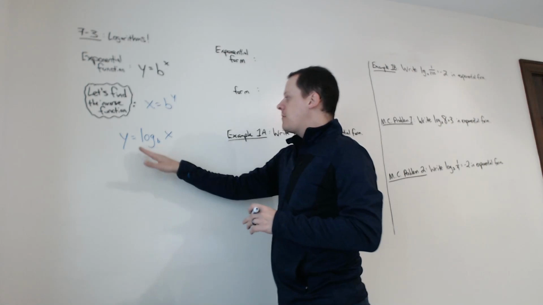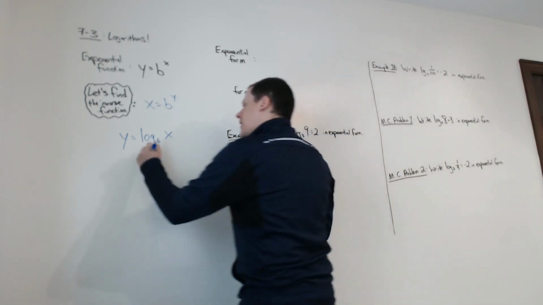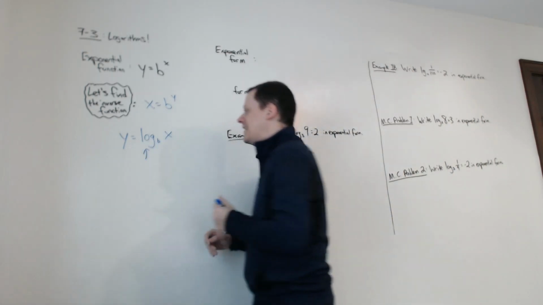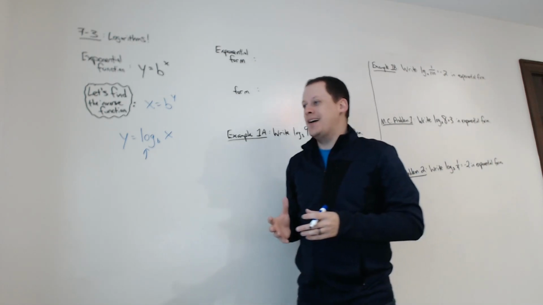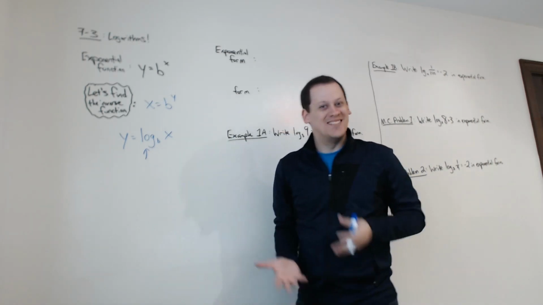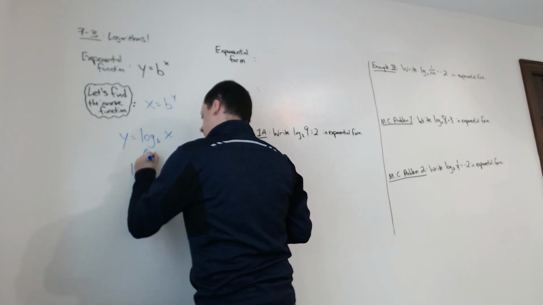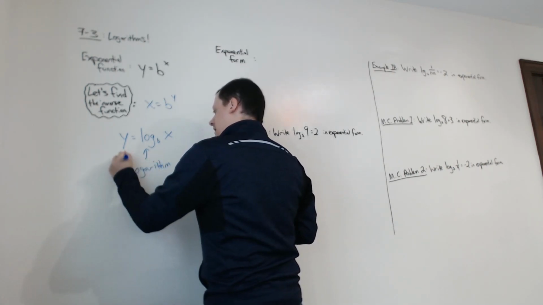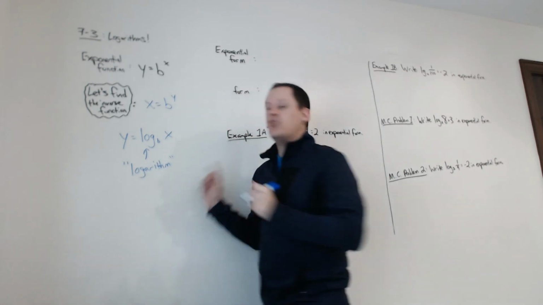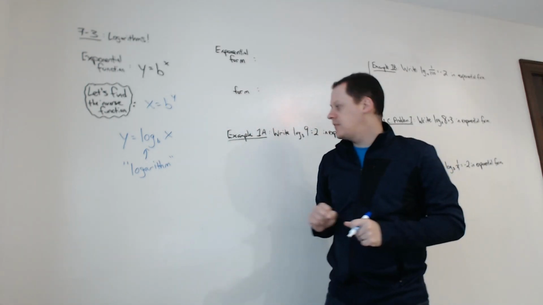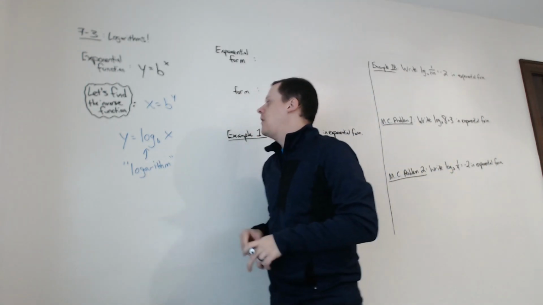But let's talk about this for a second. This log here is not like part of a tree that's been cut down. It's not that. Okay? This is what's called a logarithm. A logarithm. Okay?